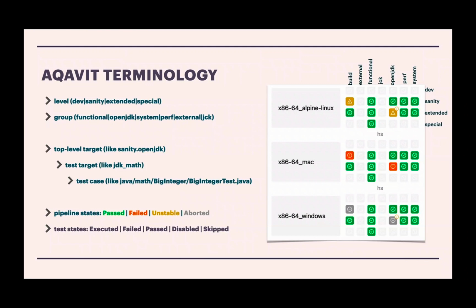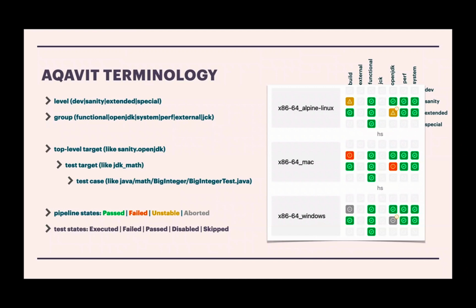Columns are the groups that we identify, and those are really related to what the tests either do or where they come from. So OpenJDK group are the tests that come from the upstream OpenJDK project and or are destined to be pushed up to the OpenJDK project. Perf is performance benchmark.